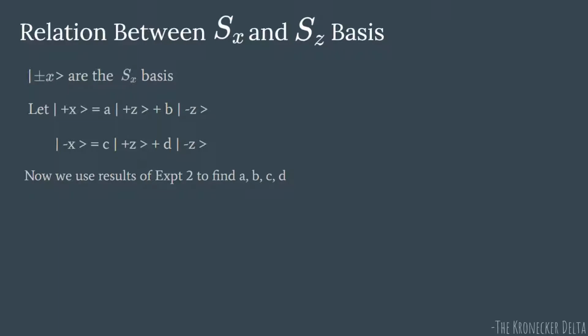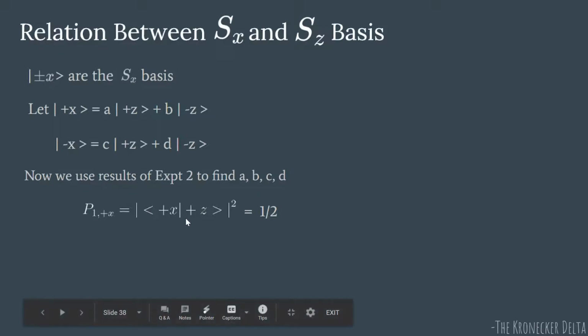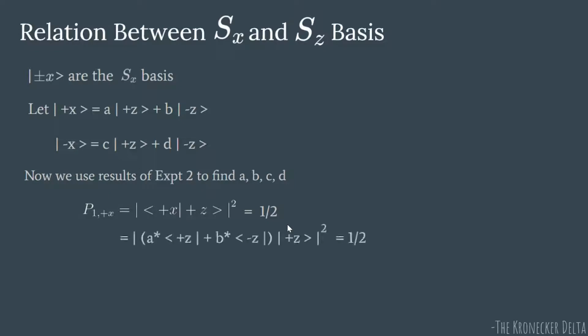What was experiment 2? In experiment 2, we had two analyzers, first Sx and then Sz followed by Sx, right? And then we had already obtained the probability that if you have this Sz analyzer, what's the probability for it to end up in the plus x state? We got the probability to be 1 by 2, right? Now what we do is just plug in these values.